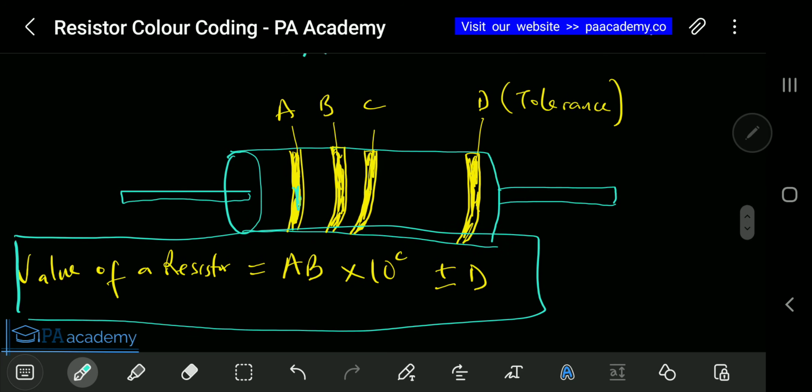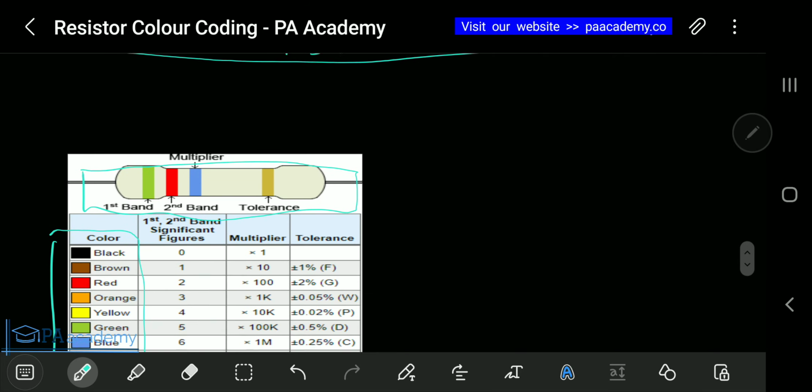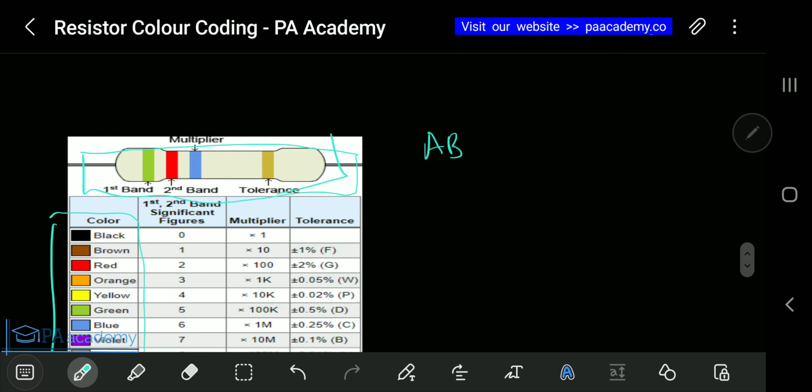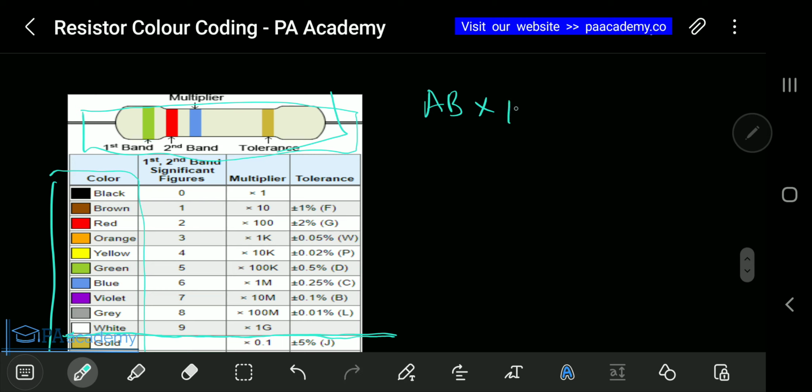Don't forget, the first band we represent with A, the second one with B, the third one with C. The one that is far away from it, the tolerance, is represented with D, and we said we are going to use AB times 10 raised to the power C, plus or minus D. So now let's use that to determine the value of this particular resistor.